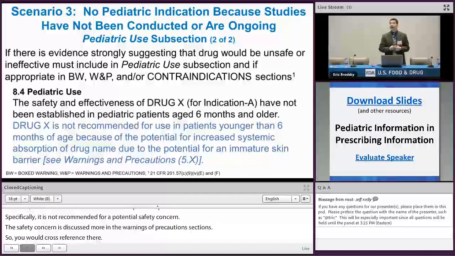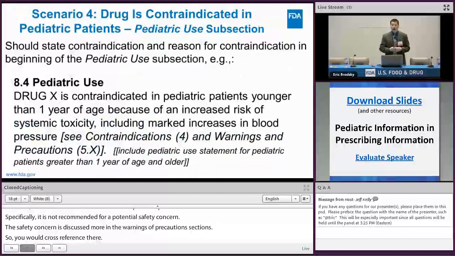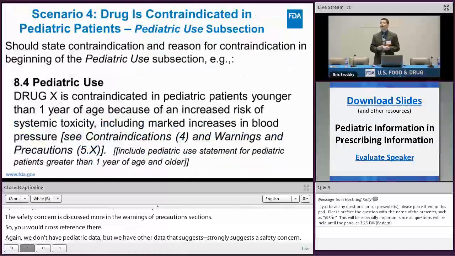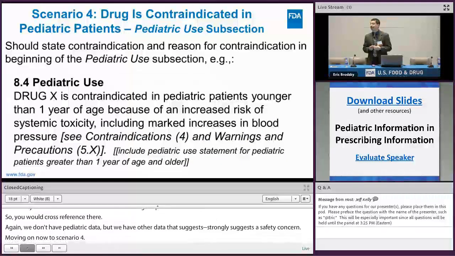So moving on now to scenario 4. Scenario 4 is a situation where a drug is contraindicated in either all pediatric patients, a subgroup of pediatric patients, or a pediatric population.